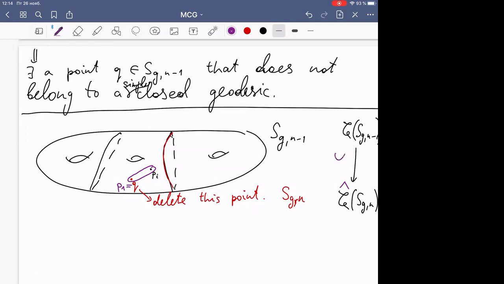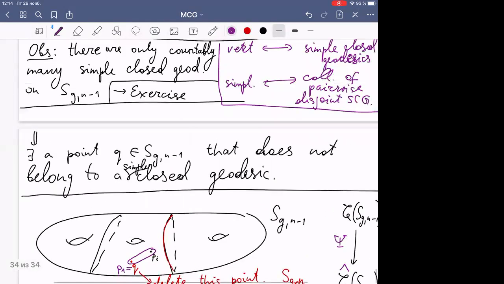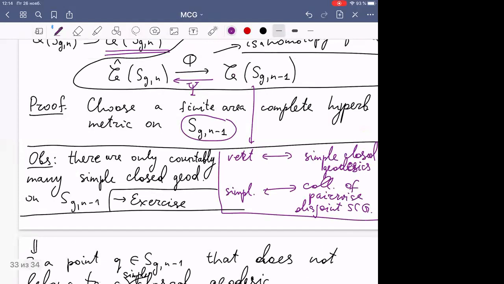So we get the opposite map. There is some difficulty with words. When we add a puncture, we remove a point, so we can add a puncture, or we can delete a puncture, adding a point. So we have these 2 maps, and now we would like to prove that they are homotopy inverse to each other.